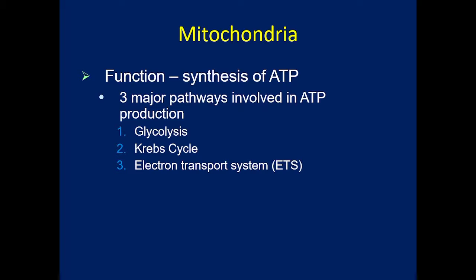Mitochondria, as I said earlier, is the powerhouse of the cell. It is helpful in synthesizing ATP, and there are three important pathways involved in ATP production: the glycolysis pathway, Krebs cycle, and electron transport system.